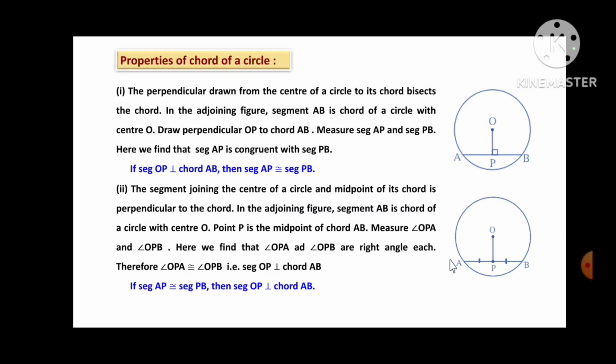Measure angle OPA and angle OPB. You will find that angles OPA and OPB are right angles each. Therefore, angle OPA is congruent with angle OPB. That is, segment OP is perpendicular to AB. So in short we can write, if segment AP is congruent with PB, then segment OP is perpendicular to chord AB.